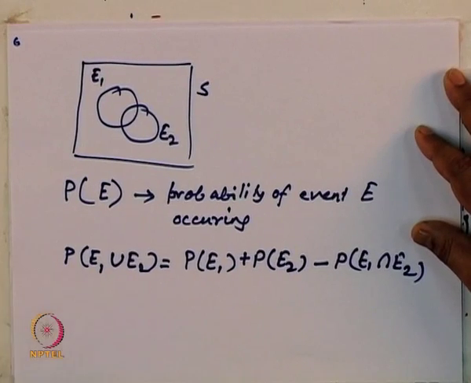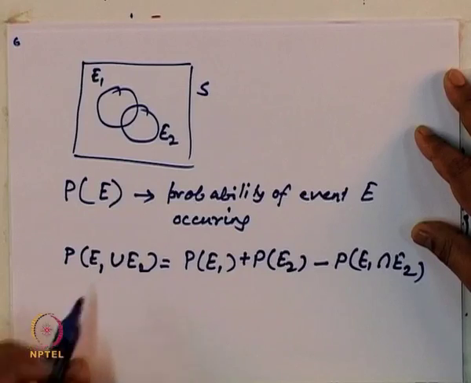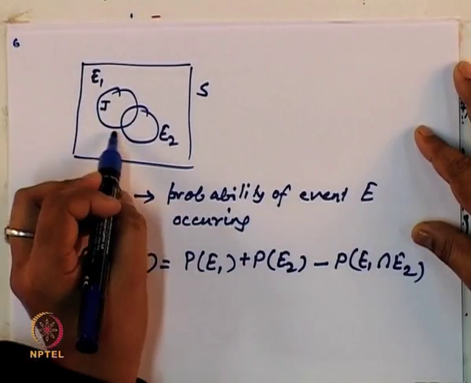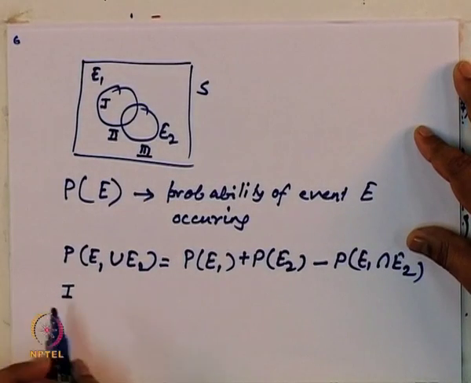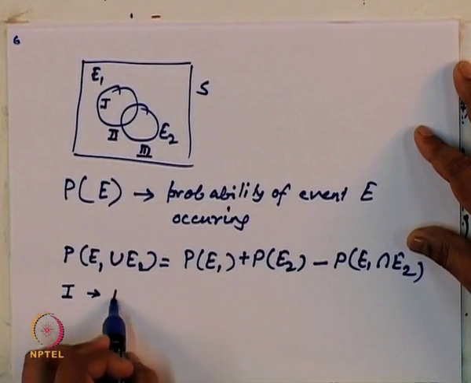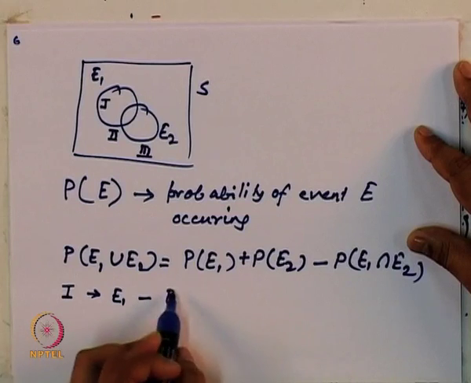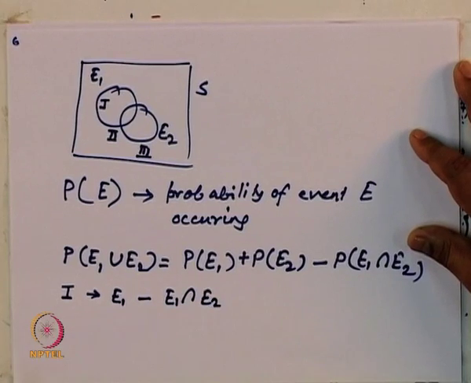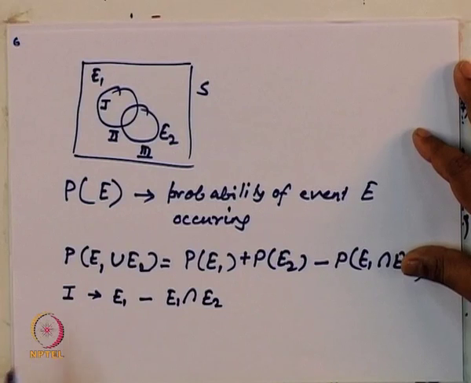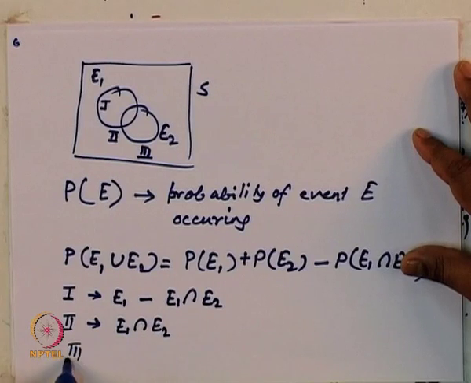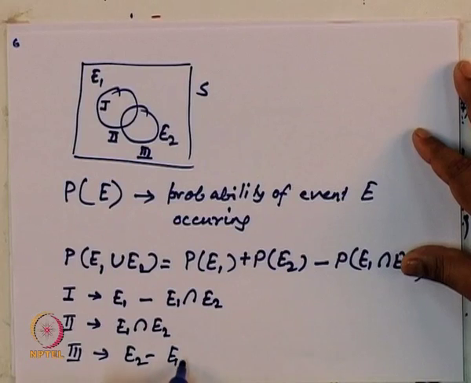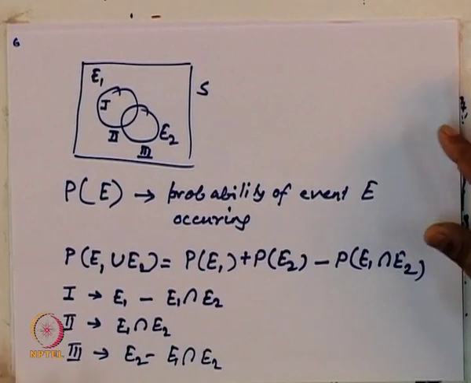We can use the earlier step. We again break it down as before into 3 segments 1, 2, 3. Your area 1 is E1 minus E1 intersection E2, area 2 is E1 intersection E2 and area 3 is E2 minus E1 intersection E2.